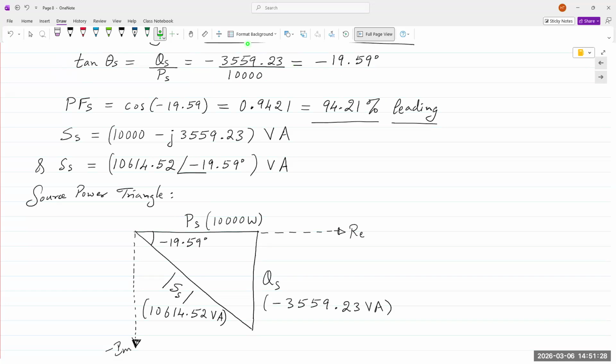And because overall the system has a negative angle, that means the power factor is leading. If it's a positive angle, then we say power factor is lagging. It's a negative angle, that means it's a capacitive load, so power factor is leading. Total SS is 10,000 minus j3559.23. Source power triangle is shown right here.